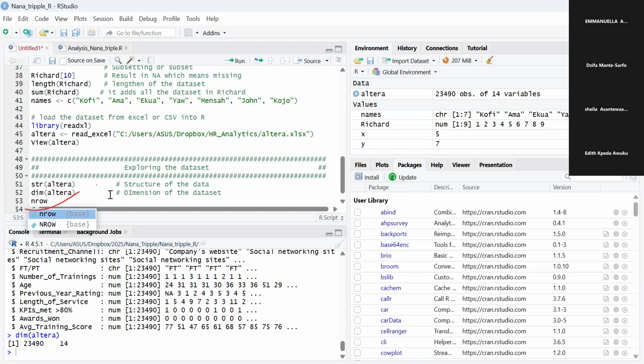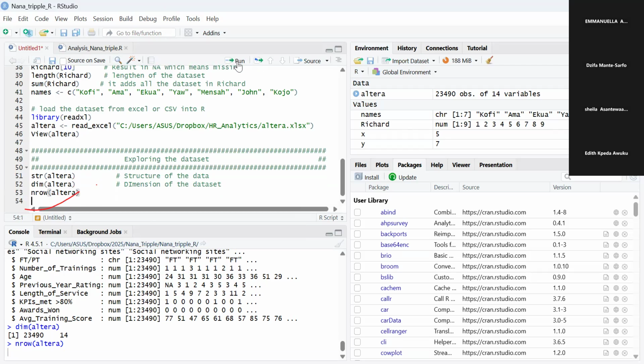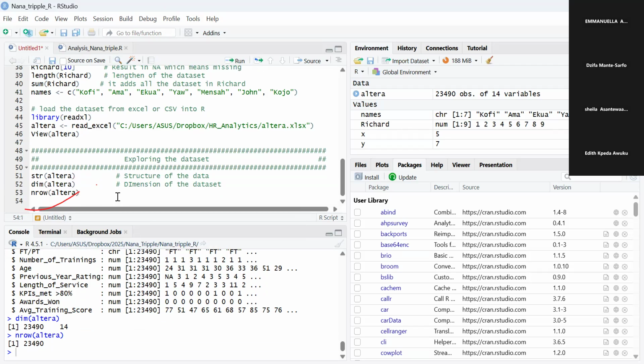nrow of Altera. What is it going to tell you? It's telling you the number of rows, similar to the dimension. So you can also have ncol, right?